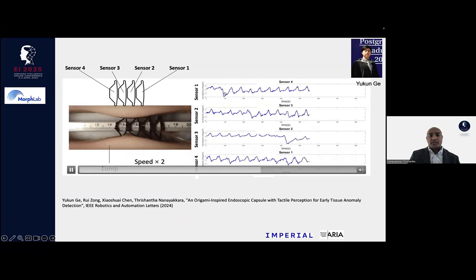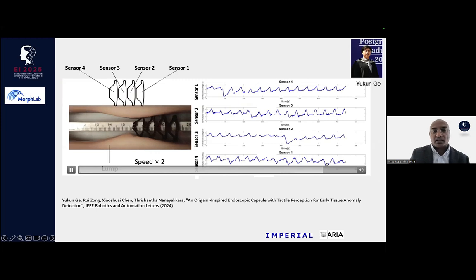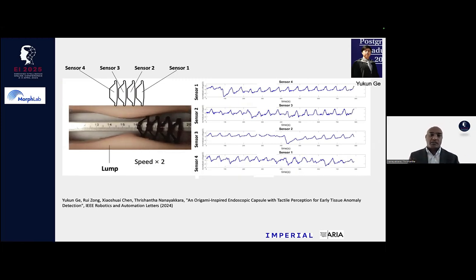You can see this nodule here was seen here, and then there, and then there. So we can use that as some kind of a particle filter and then locate early tumor or lesions before they can be seen through a camera.